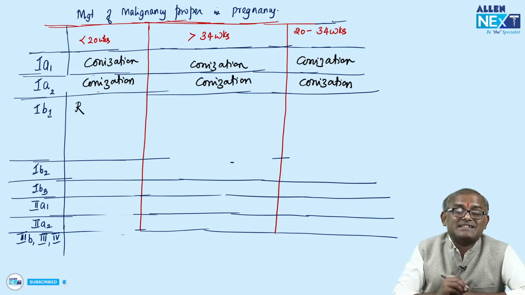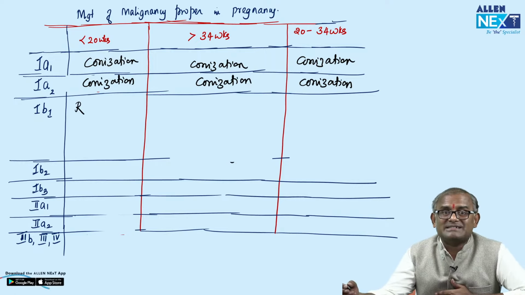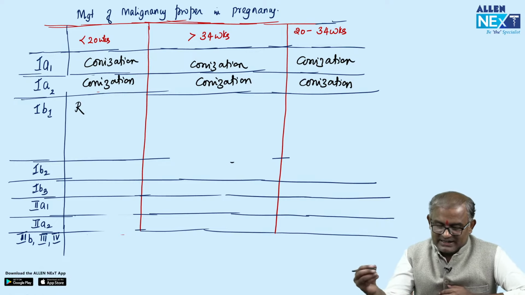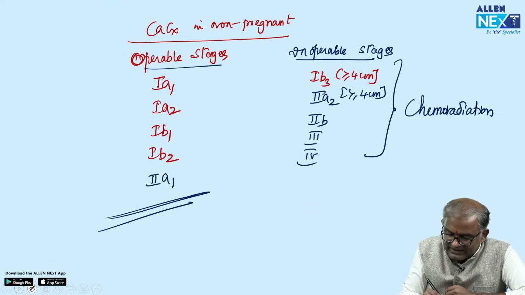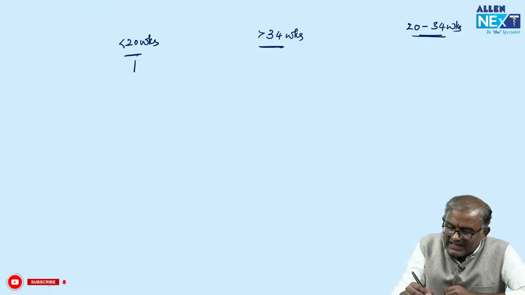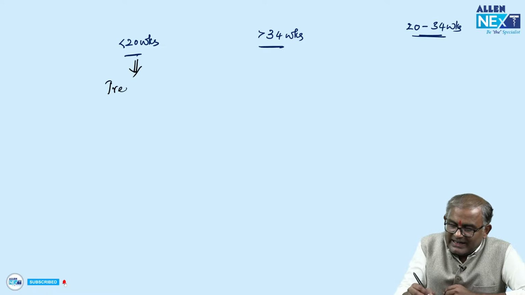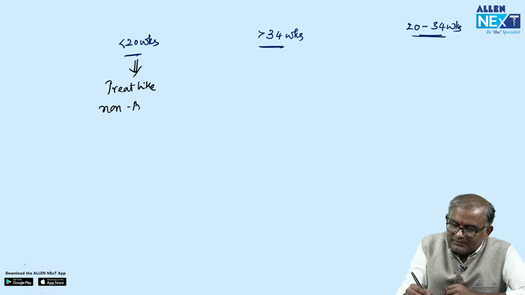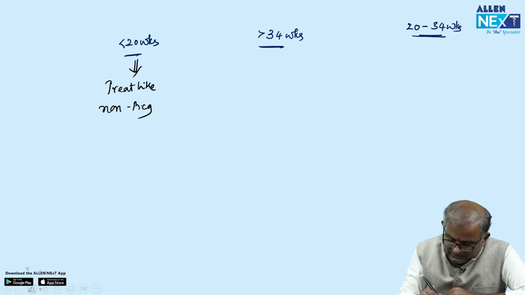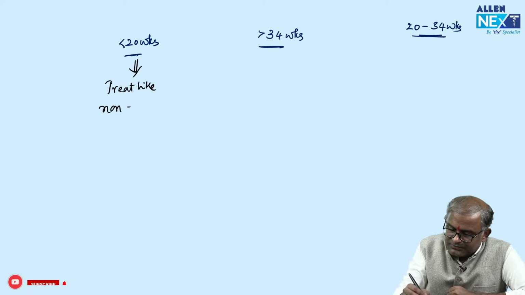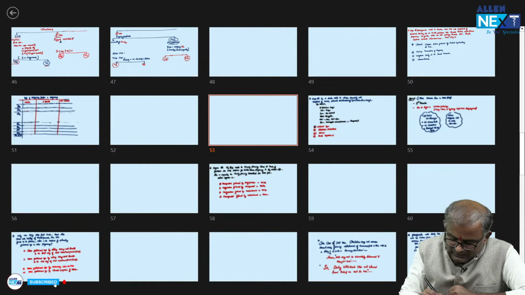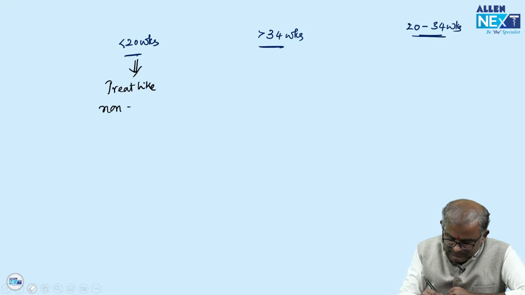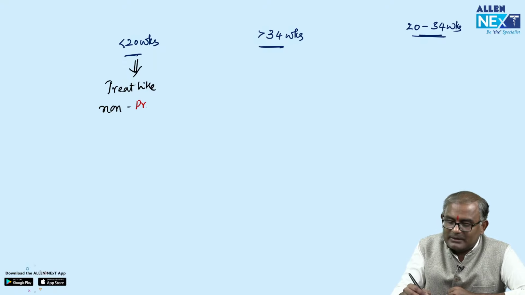1B1, definitely it is operable, so we will treat like the non-pregnant state. Take down, doctor, look into this one thing. Less than 20 weeks, we will treat like non-pregnant.